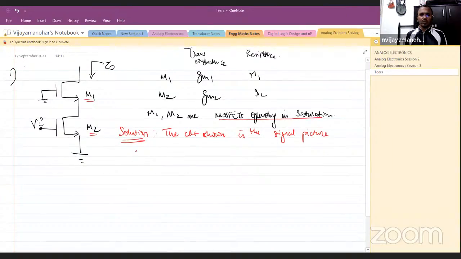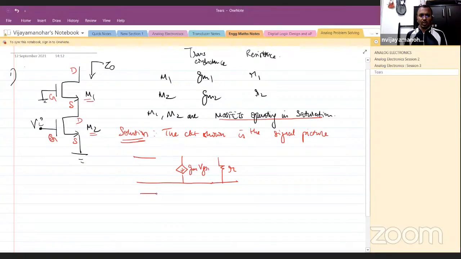So this is the equivalent circuit of a MOSFET. So this is M1, right? So we have the drain, source, gate, drain, source, gate.